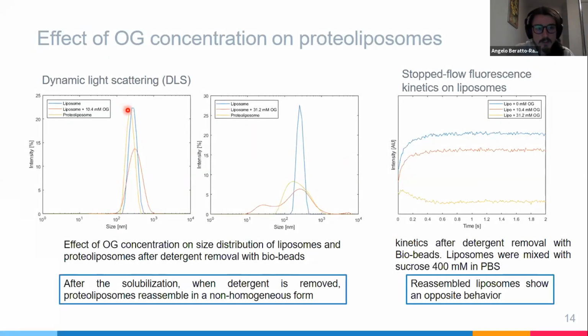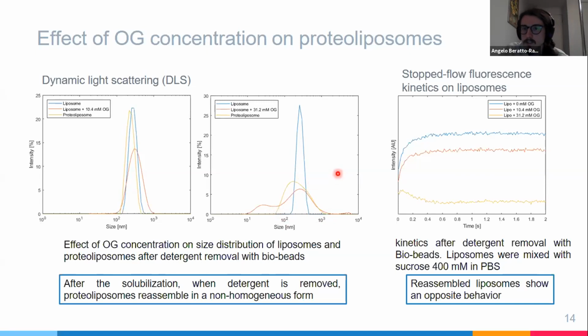Finally, as we can see here, the size distribution of the liposomes when they get saturated and solubilized, and then when the detergent is removed, we can see that the saturated liposomes, proteoliposomes, sorry, did not lose significantly their size distribution. However, when the liposomes get solubilized, the proteoliposomes tend to reassemble, but in a non-homogeneous form, so it's affecting the structure of the vesicles.